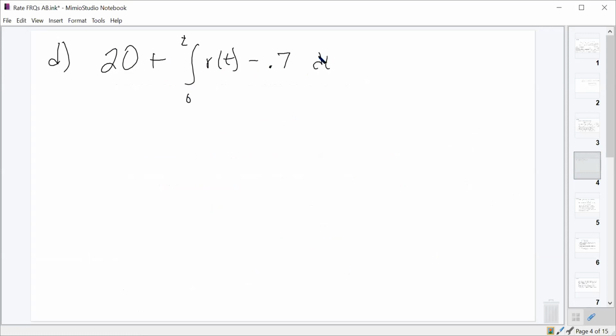So that's the function. We want to know when that is at a minimum, so we take the derivative, which is just r of t minus 0.7, and set that equal to 0. And when did that equal 0?